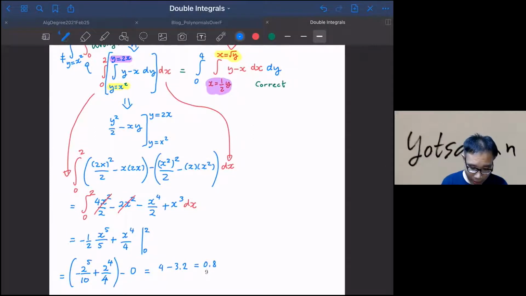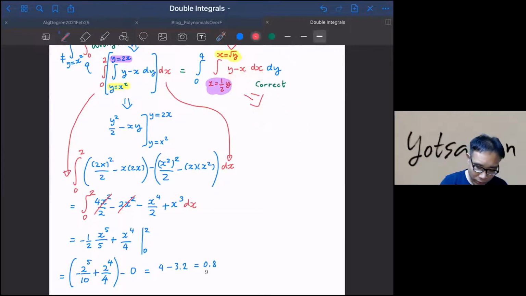The second one, I'm going to evaluate the inside integral. You integrate this with respect to x, so you have y dx, which gives yx, and x dx gives x squared over 2.